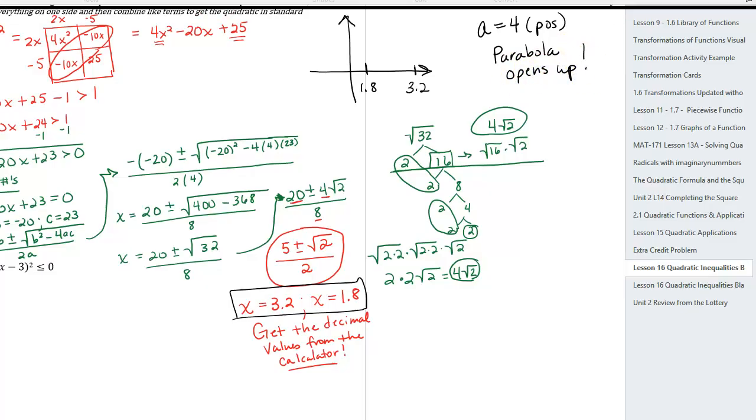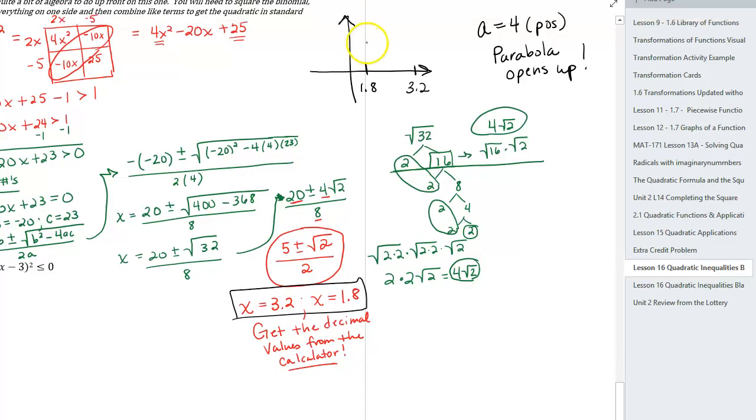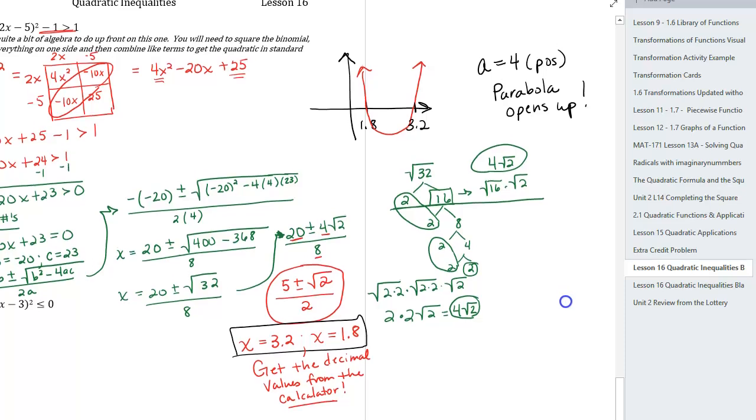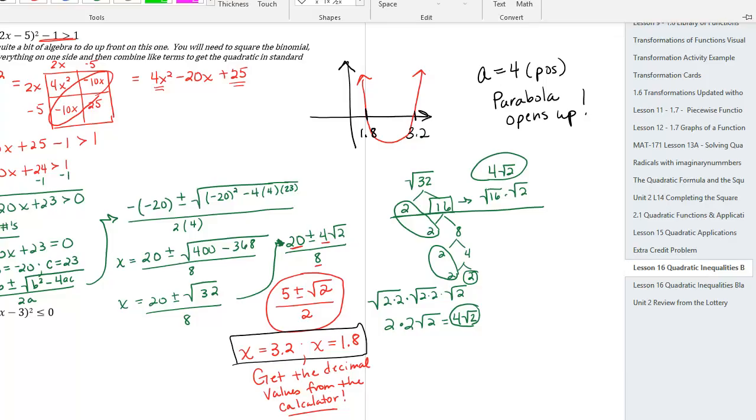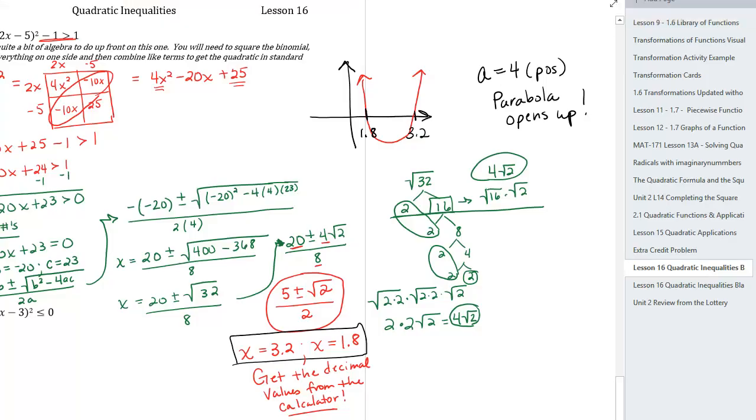So if I make my rough sketch, the parabola is going to do something like this. Remember, it's not important for this exercise to figure out exactly where the vertex is. We just need the intercepts and to know whether it opens up or down. So now to determine the solution, we need to go back to our inequality. And we were looking for where it is greater than 0.